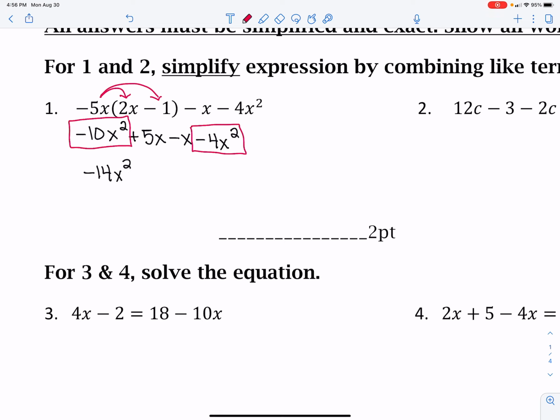Then I can combine the ones that have just an x, which is positive 5x minus x, and that gives me a positive 4x. Okay? So my solution is negative 14x squared plus 4x. All right, so let's go on to number 2.